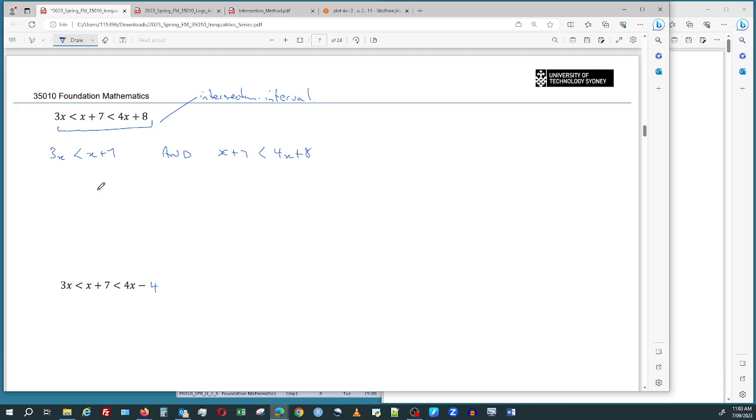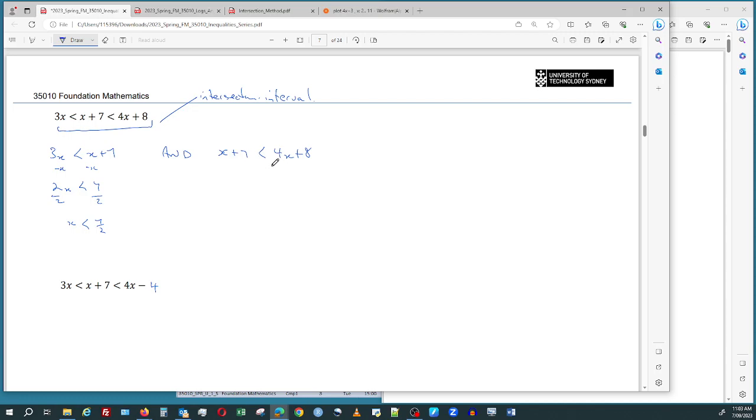For the sake of convenience, we could change this, but I'm not going to. So I'm going to subtract x. So 2x is less than 7, dividing by 2, x is less than 7 over 2. That's really straightforward for this one here.